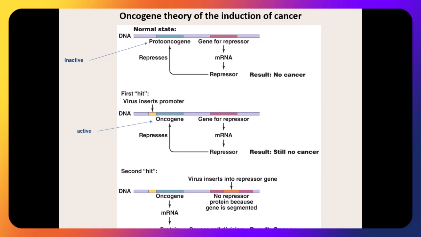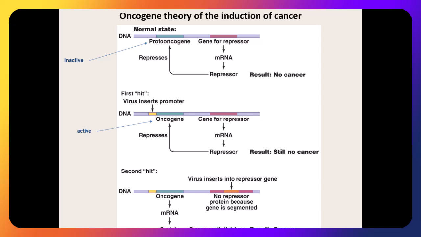You've got some viral DNA that inserted itself right before that proto-oncogene. And because it inserted right there, it activated this. Now, will an oncogene, not proto-oncogene, cause the cell to divide? Yep, and in our case, that's a bad thing. However, we still have a repressor gene right here that's going to stop cells from dividing. So at this point, we're still no cancer.